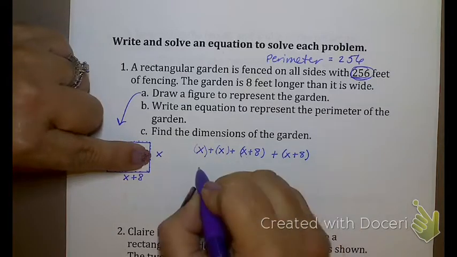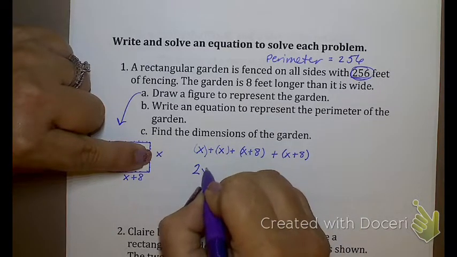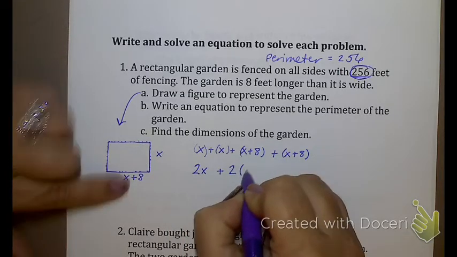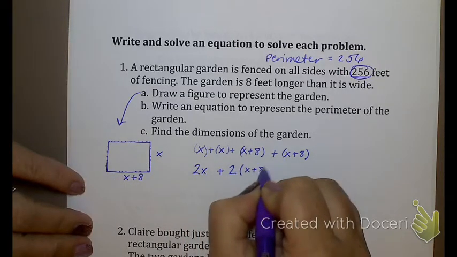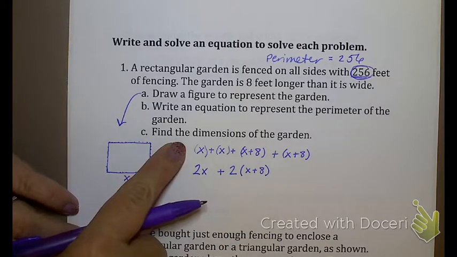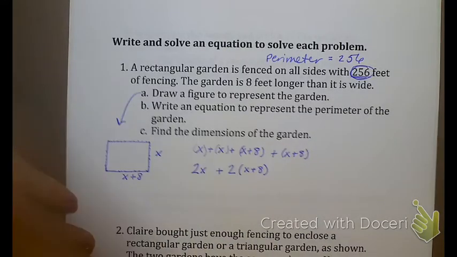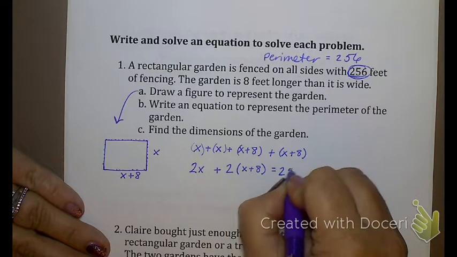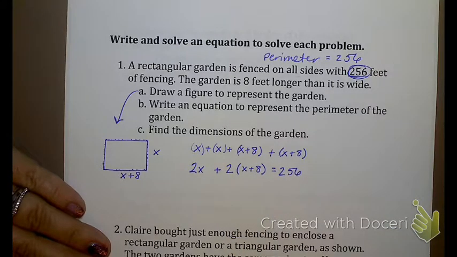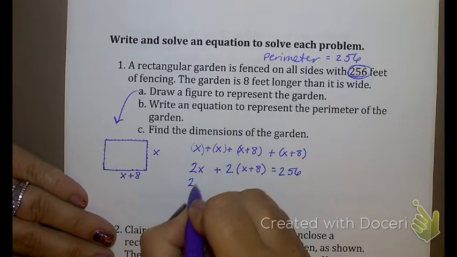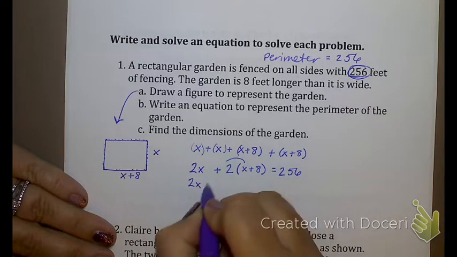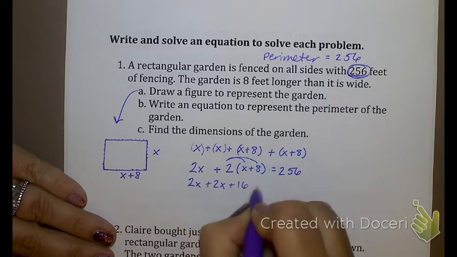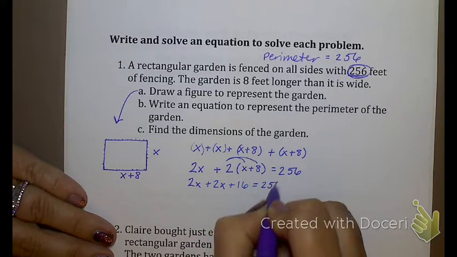Is there another way I could write this? I could say I have 2 sides that are length X and 2 sides that are length X plus 8. Does this mean the same thing? Yes. What do I set it equal to? 256. So here I have 2x plus 2x plus 16 equals 256.